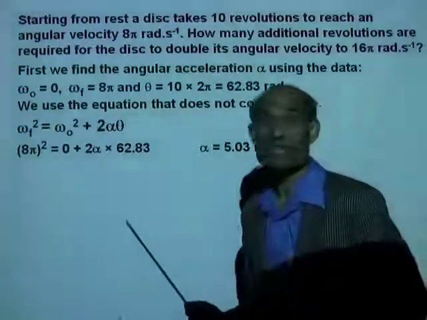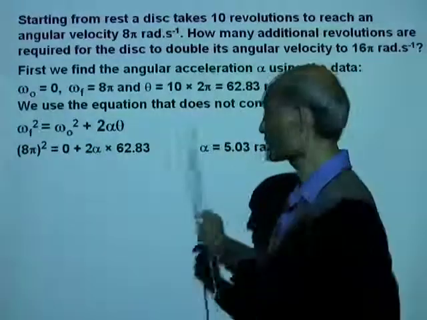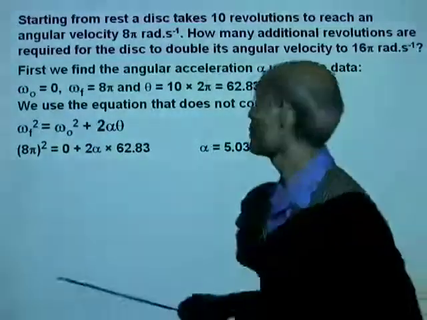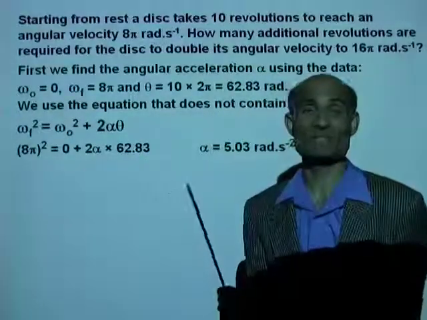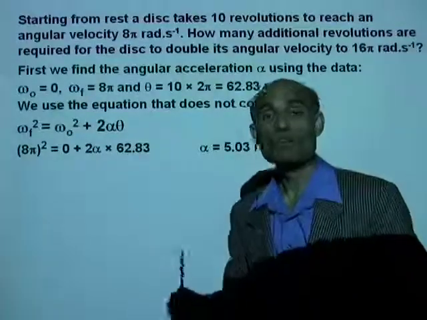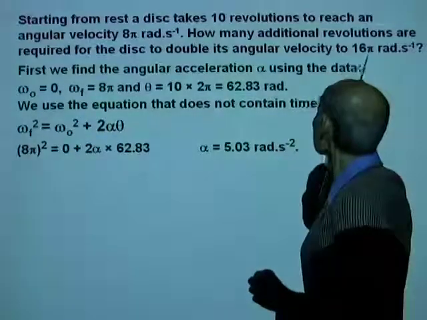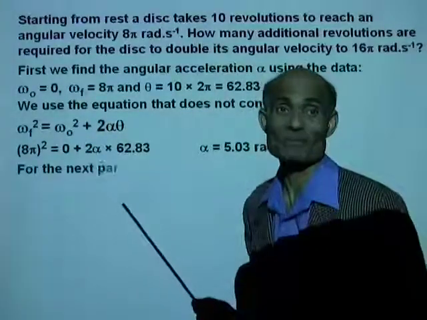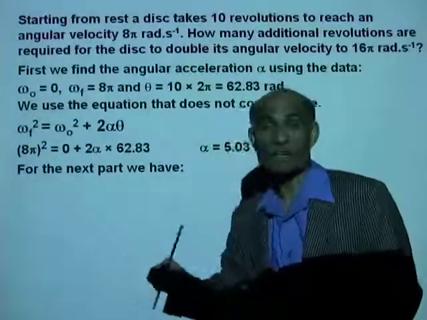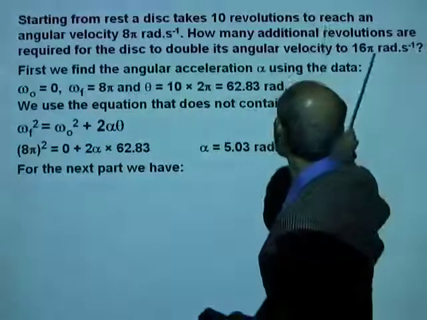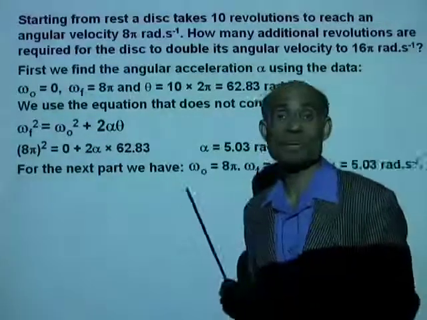And now, what you need to understand is that the angular acceleration is not changing. This angular acceleration is a constant. So we need to now find how many additional revolutions. In order to do that, we will find the total angular displacement for it to reach that final angular velocity. In the next part, our final angular velocity is 16 pi radian per second.